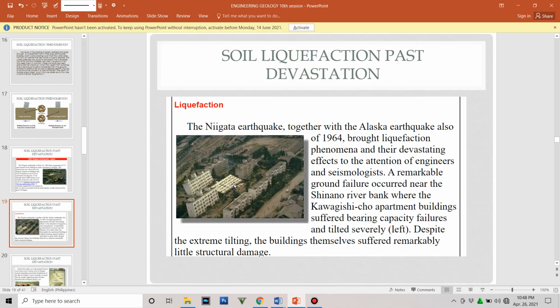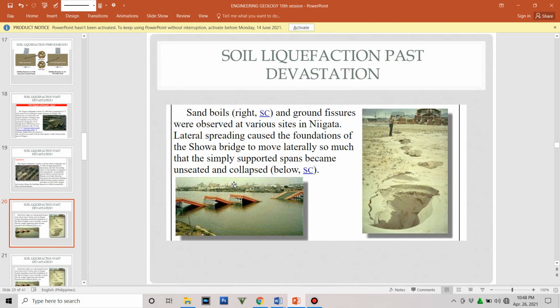So this is our extreme tilting. So this earthquake also caused sand boils, the fissures. Yung sand boils, fissures, mga butas-butas because of the loosened material.